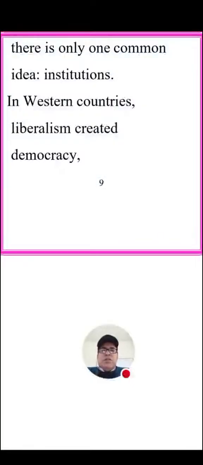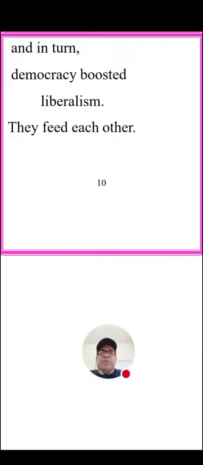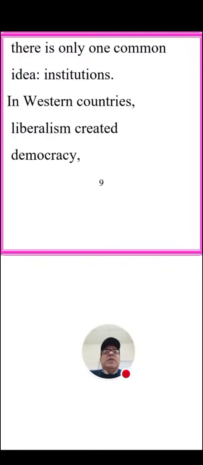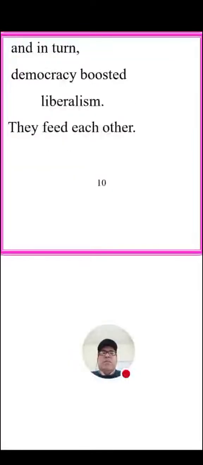In Western countries, liberalism created democracy, and in turn, democracy boosted liberalism. They feed each other. This is Fareed Zakaria's argument.